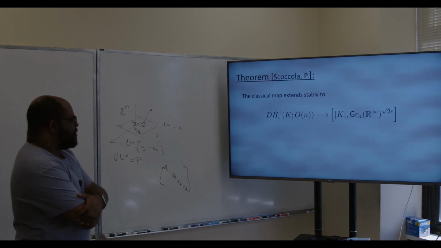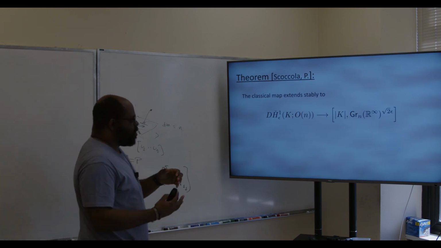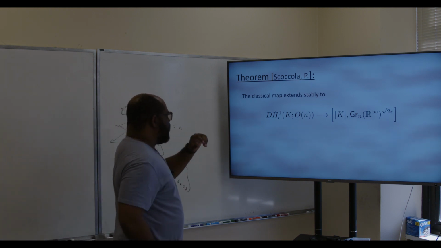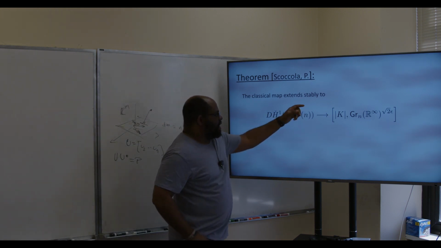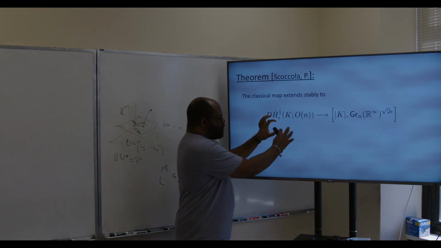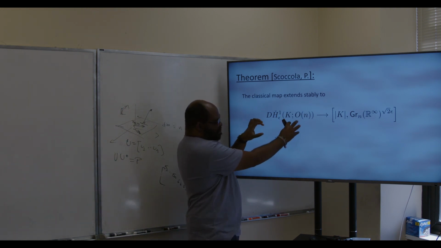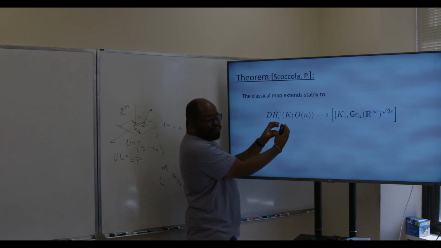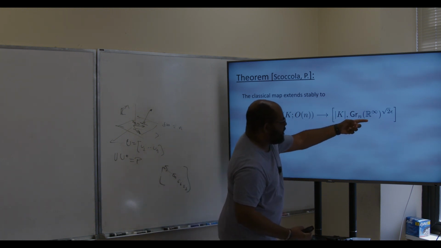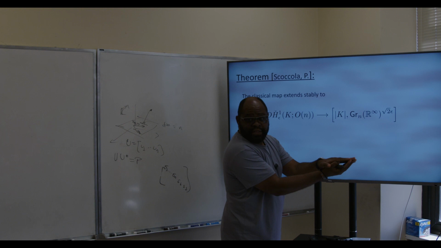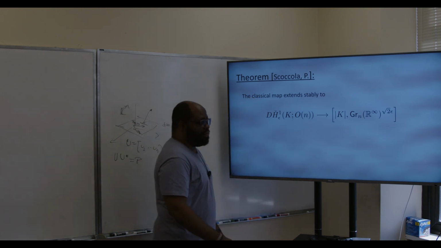Stably here means something else. It doesn't mean stable in the homotopy theory sense. Stably means that if I have two approximate cocycles that are very close, then the maps I get here are homotopy equivalent. That's what approximate means.